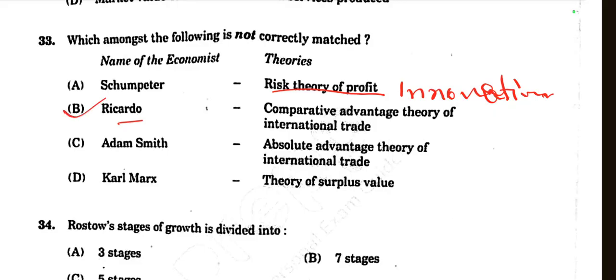Yes. Adam Smith, absolute advantage theory of international trade. Yes. Then Karl Marx, theory of surplus value. Yes, these are right. So the not correctly matched one is option A: Schumpeter gave the concept of innovation theory, not Rick's theory of profit. So option A is the right choice.